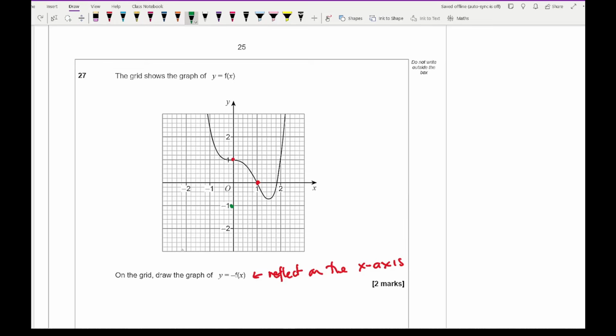So then what it becomes is something that looks like, oh, it's gone a bit wrong there. Let me just get rid of that. In which it should look something like that.